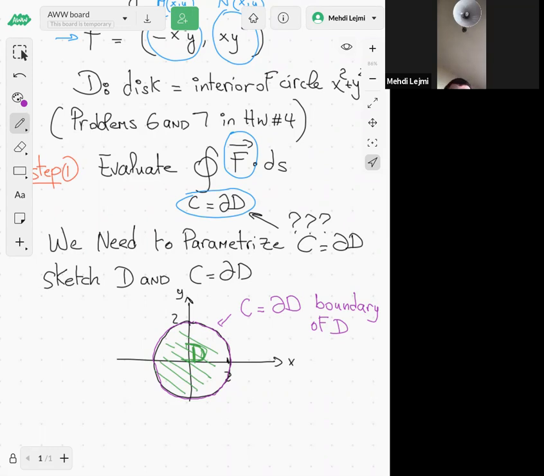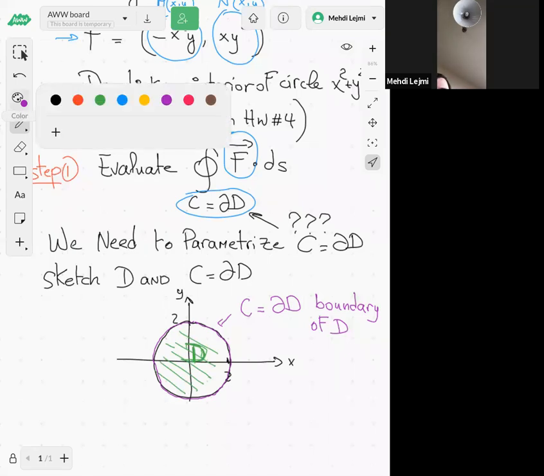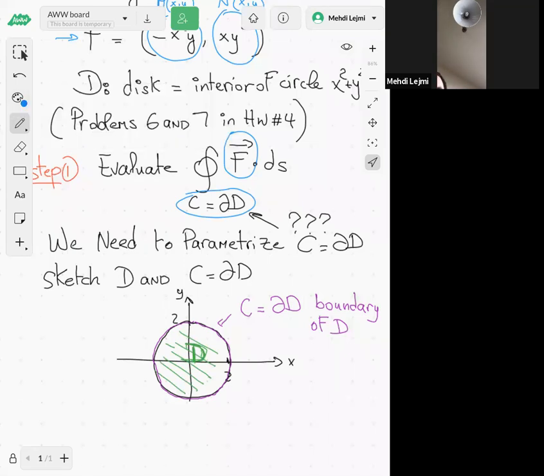Now, something important here is the orientation, right? We have to orient the curve so that D is on the left of the orientation. So you have to orient this circle counterclockwise.